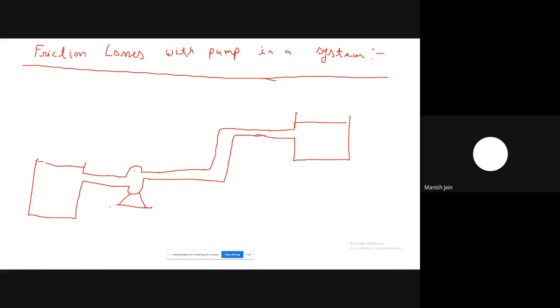The dimensions of the system are given. This length, from here to here, is 5 meter. From this point to this point, the length is 50 meter. Now the elevation, from this point to this point, is 15 meter.